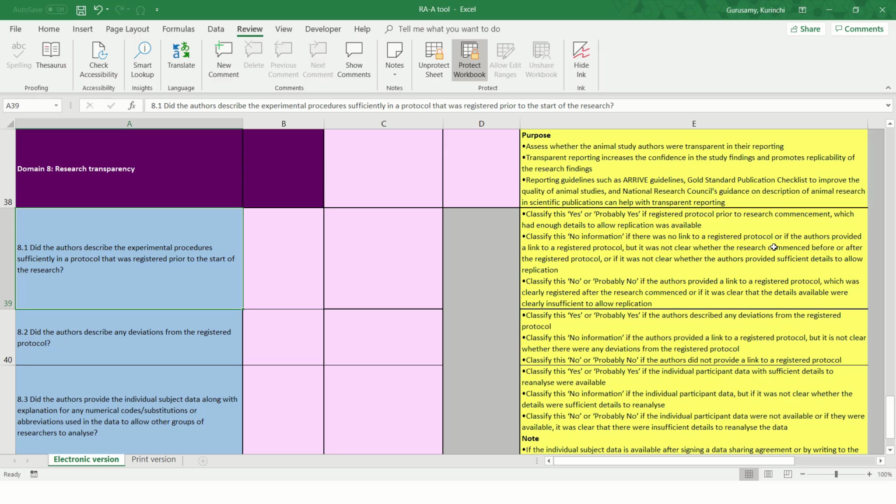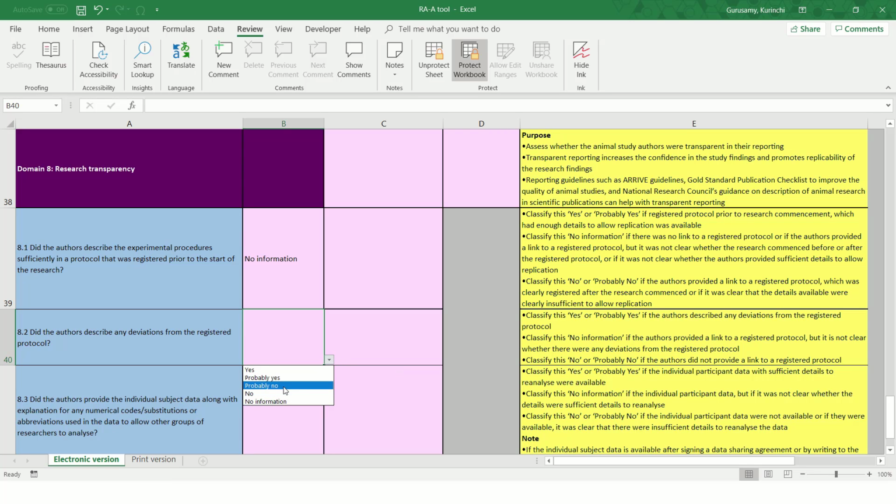So there is no link to a registered protocol. If the authors did not provide a link, this is actually no. Why? Because only if you have a registered protocol will you actually be able to describe the deviations.